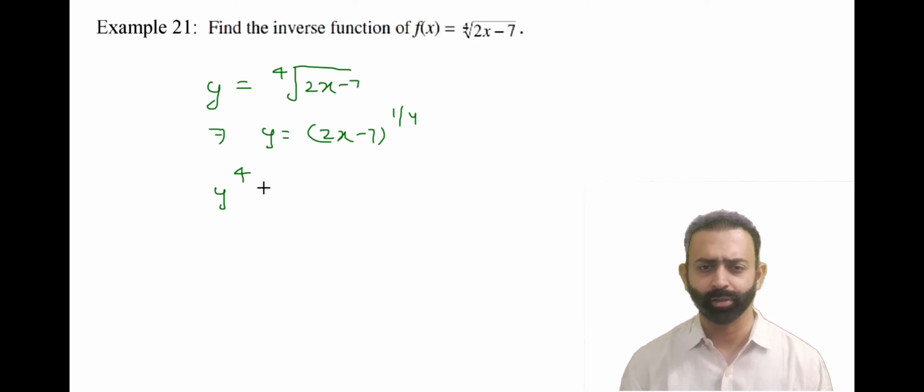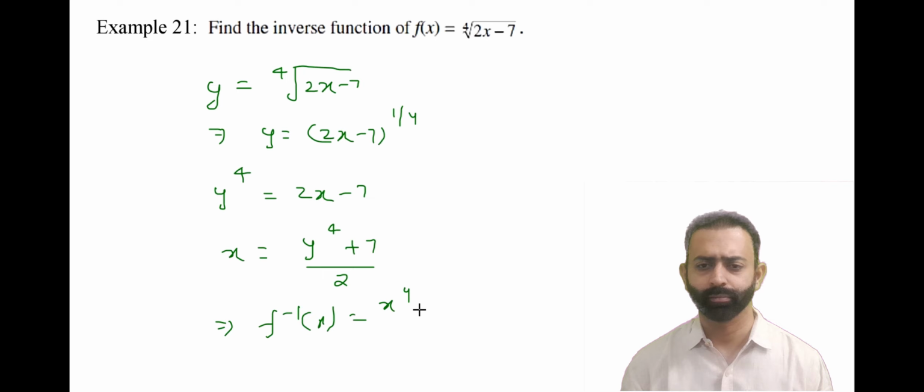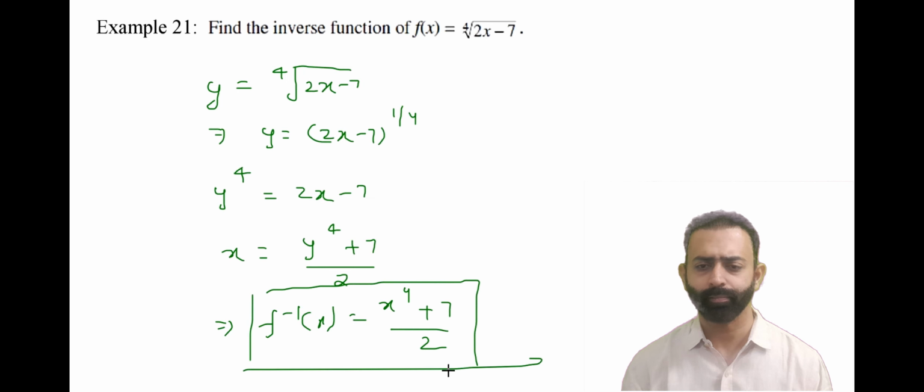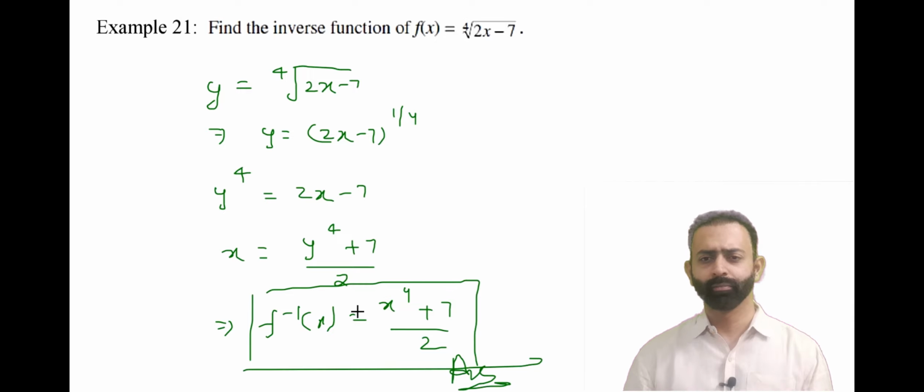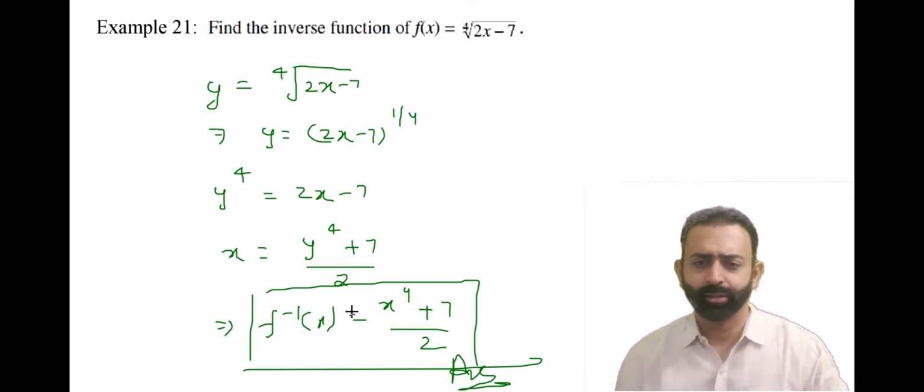It becomes y raised to power 4 is equal to 2x minus 7. So x gives me y raised to power 4 plus 7 over 2, and this is in fact your inverse function. This is your answer. Okay, so that's it.